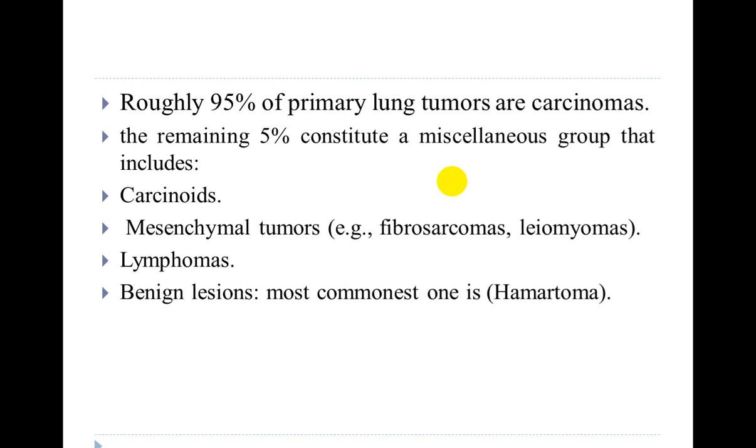The remaining 5% is distributed between carcinoid tumor, mesenchymal tumors, which include fibrosarcoma and leiomyoma, lymphomas, and benign lesions like hamartomas.